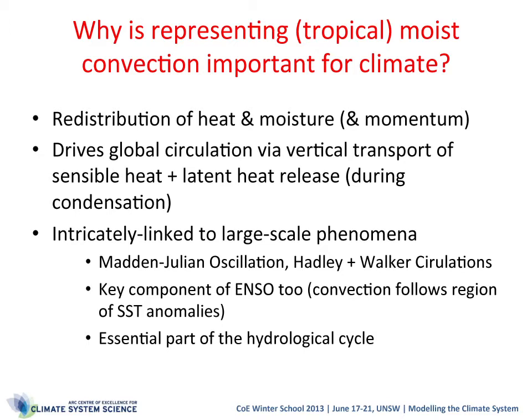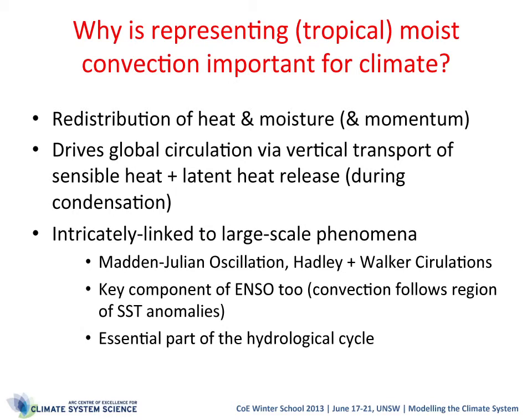We've gone through some of the reasons why we study convection and why it's important for climate. Daniel highlighted that gravity waves also transport momentum. So tropical convection is helping to transport horizontal momentum upwards, and that affects stratospheric dynamics, which in turn affects surface climate, believe it or not.